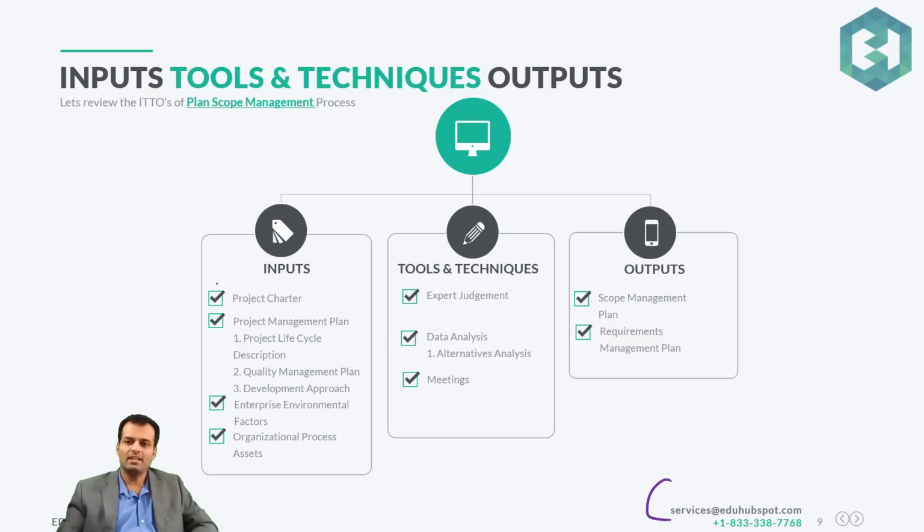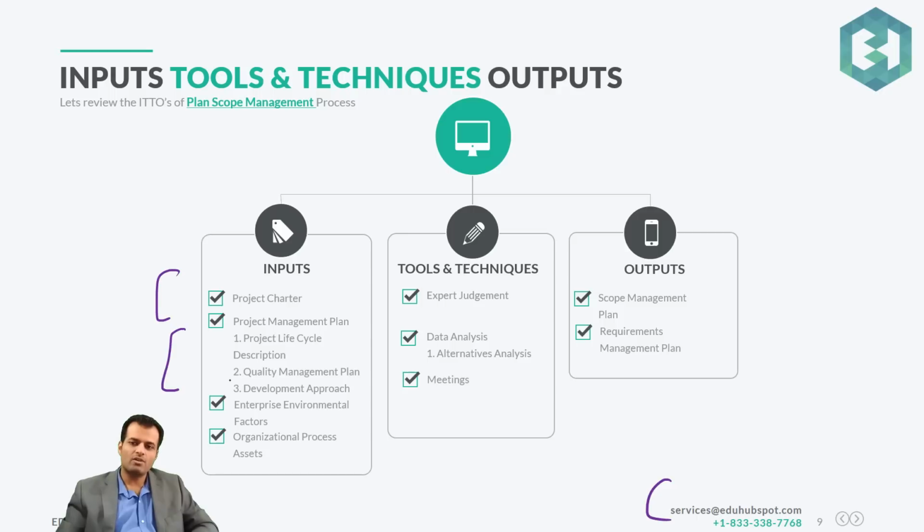Okay, let's see. So we will have project charter as the input to the process. Project charter, if you remember, was all about the high level scope, the things at a very high level. But in order to plan for the scope in more detail, you will always start with the base, and the base was your project charter.